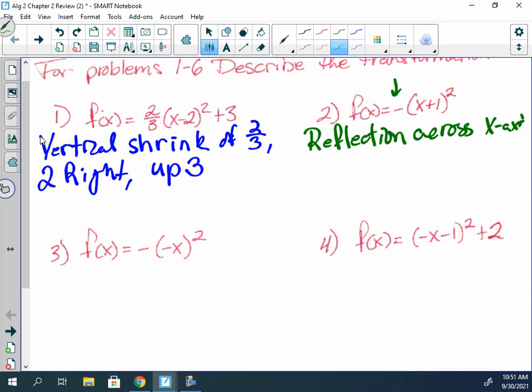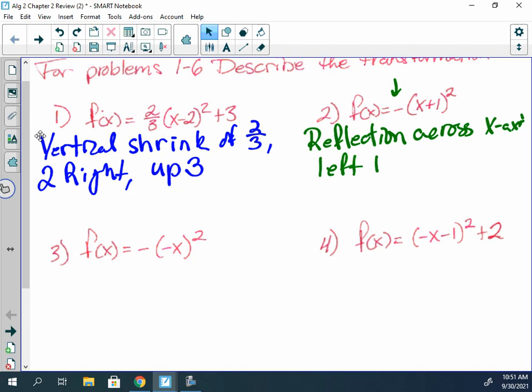There's nothing being multiplied by x, so we don't have a horizontal stretch or shrink or a reflection across the y-axis. But the +1 would tell me that it's doing what? Left 1. Because inside the parentheses is left or right. Adding and subtracting to the end is either up or down. And that's it.